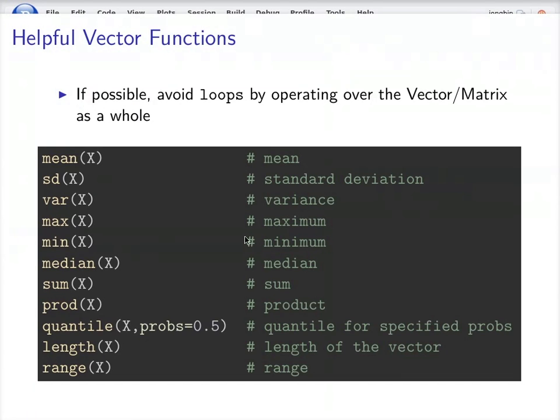There are a bunch of functions that work on a vector. Here you have mean, standard deviation, variance, maximum, minimum, median, sum, and product. You can also get quantiles, the length, and the range. The range gives you a vector of two values, the first being the minimum and the second being the maximum value.